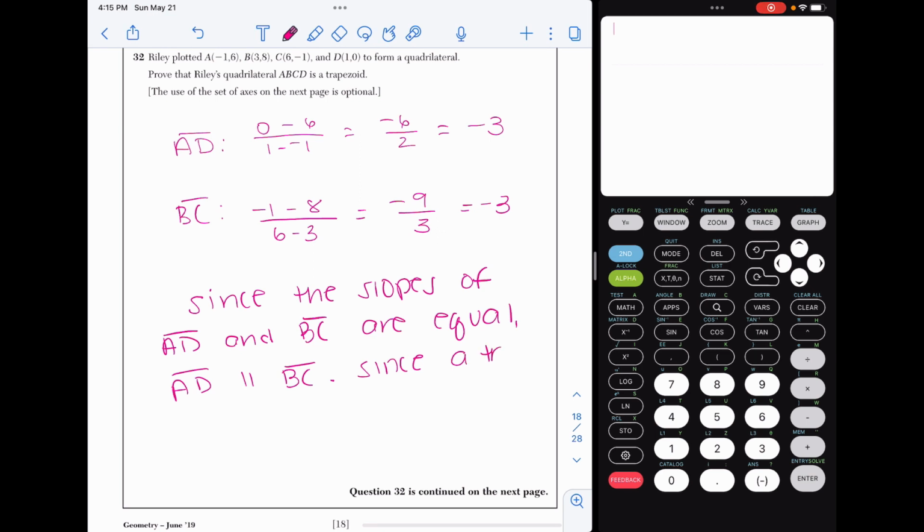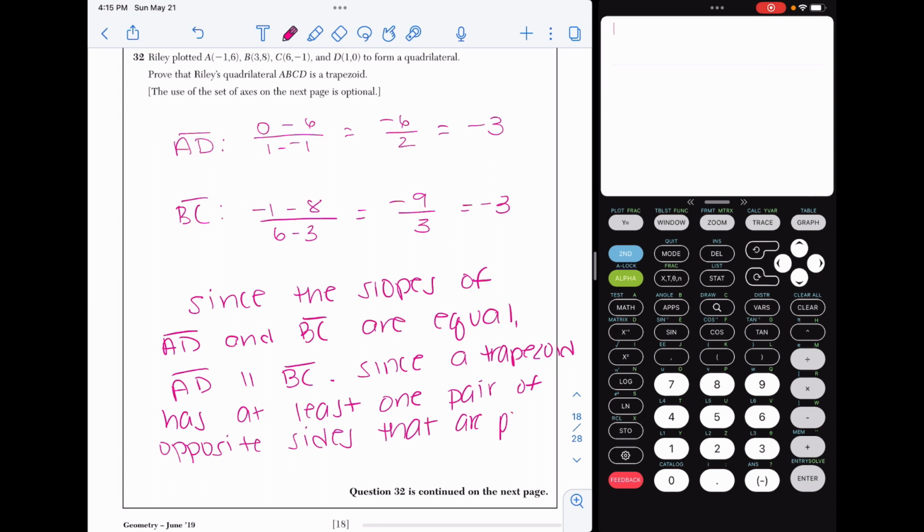Since a trapezoid has at least one pair of opposite sides that are parallel, ABCD must be a trapezoid.